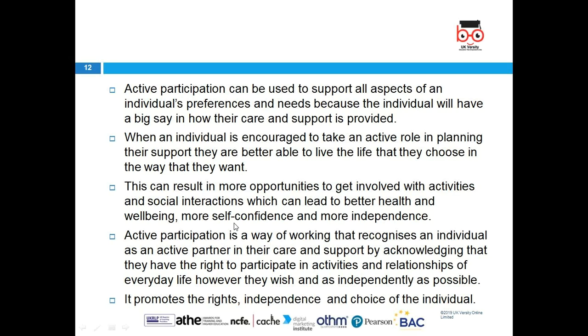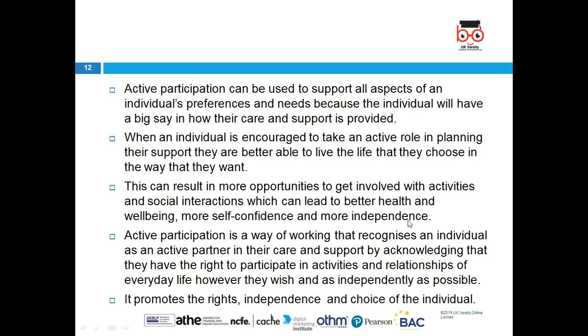This can result in more opportunities to get involved with activities and social interactions. Active participation is a way of working that recognizes an individual as an active partner in their own care. It supports them by acknowledging that they have rights to make their own choices and relationships, and choose what they want to do in everyday life and be as independent as possible. It also promotes the rights, independence, and choices of that individual.